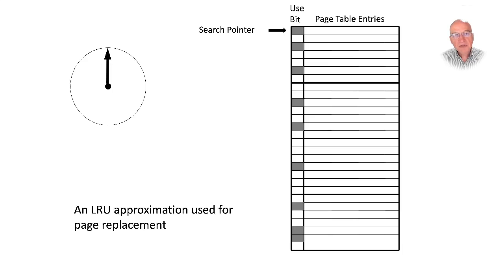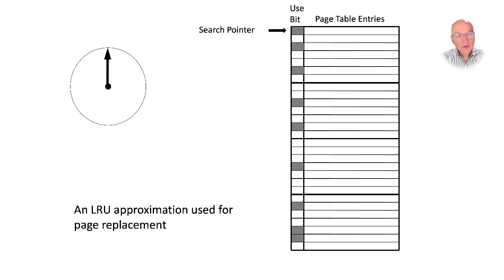And the way we're going to approximate the least recently used algorithm is that whenever we access a page, we set the use bit of that page table entry to 1. So in this picture, all the boxes that have this dark gray color indicate that that page table entry has been accessed since the last time that it was cleared.